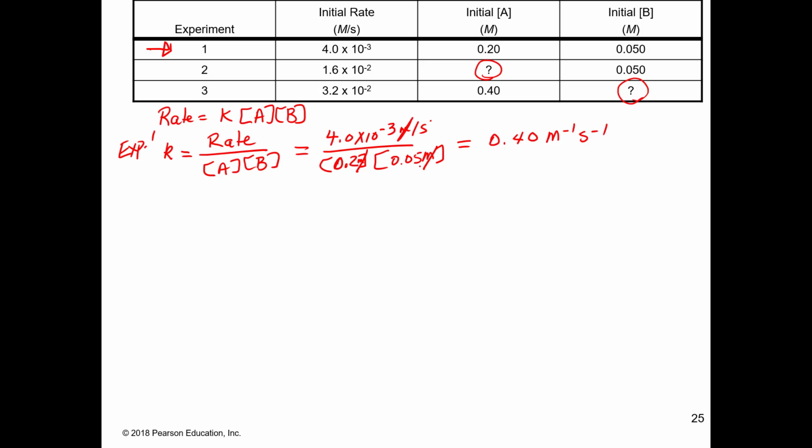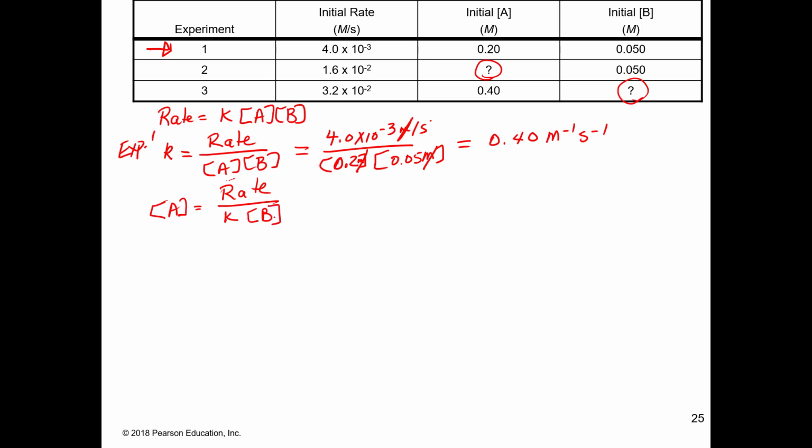Okay, so now that I have the rate constant, all I have to do is plug this in, and with the other information I have, if I have 2 of the 3 in an experiment, I can solve for the other one as long as I know the rate. So if I want to find what A is, I'm going to rearrange this so that [A] is equal to the rate divided by k times [B].